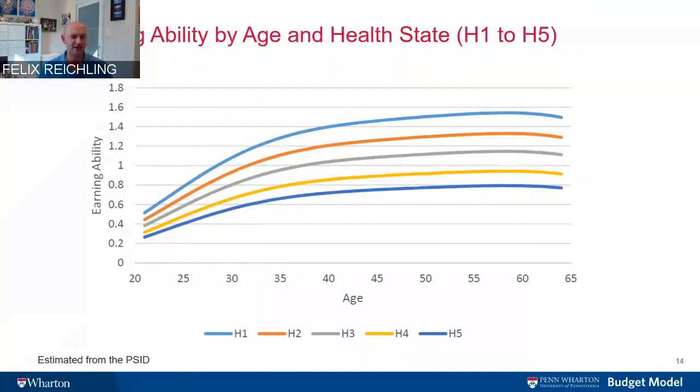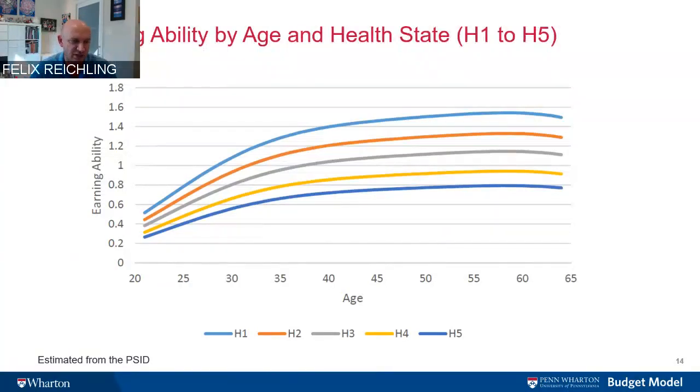So this is our estimate from PSID data, the Panel Study of Income Dynamics, of earnings ability by age and health state. Here, H1 refers to health state 1, which is the best health, and health state 5 is the worst health. These are health states that are in all these surveys.